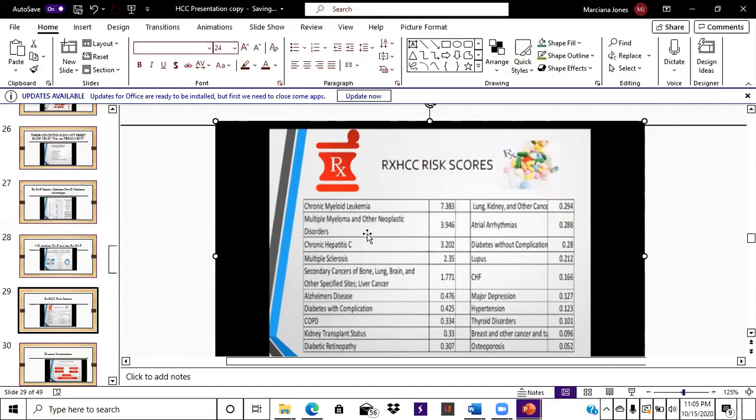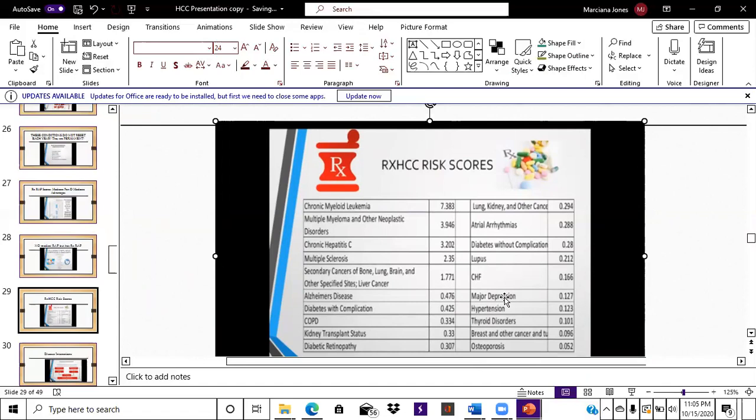So here are the risk scores for prescription HCC for these different diseases. See? Chronic hepatitis, thyroid disorder, hypertension known as I10.